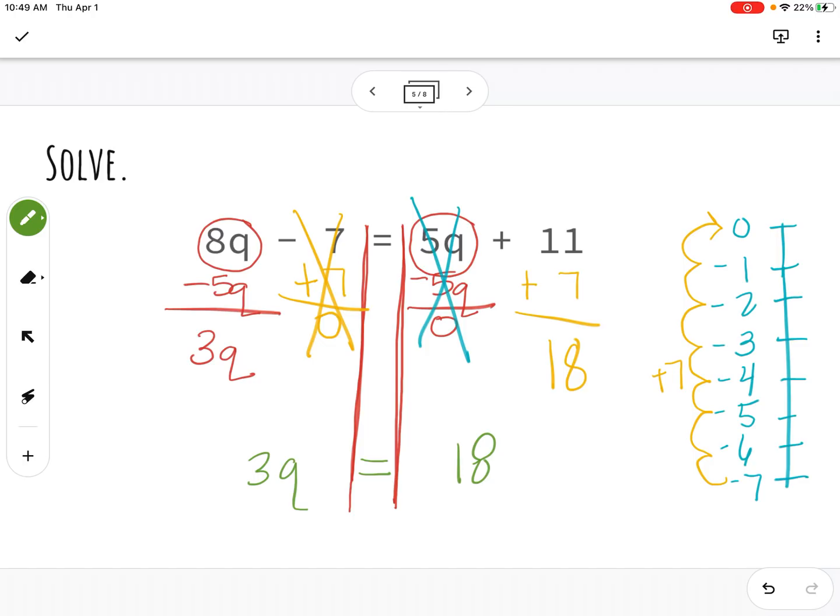Again, we see that we have a number and a variable smushed together. That means multiply. So I'm thinking 3 times what number would equal my 18 over here? I know that 3 times 6 is 18. So my answer is q equals 6.